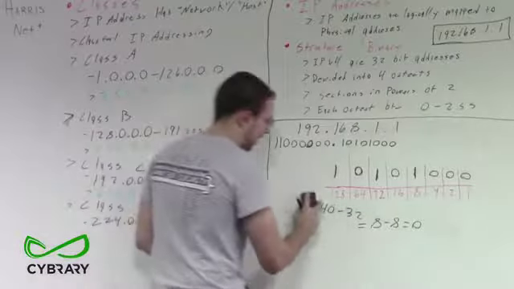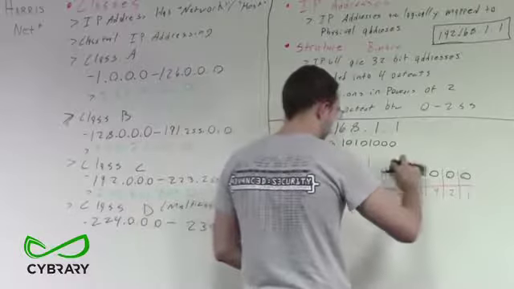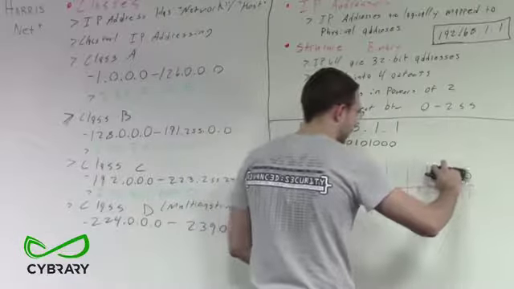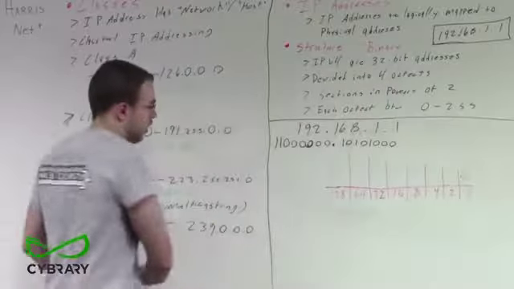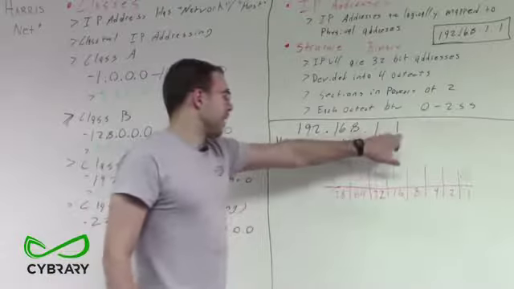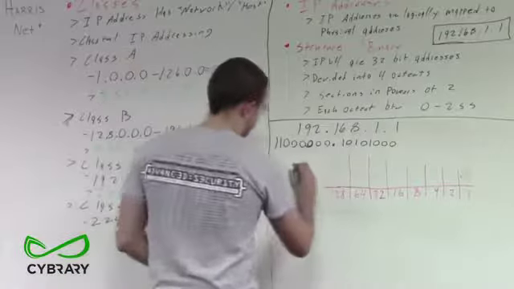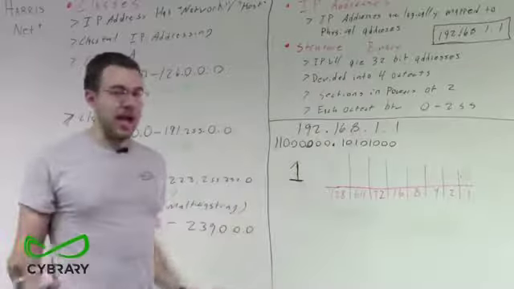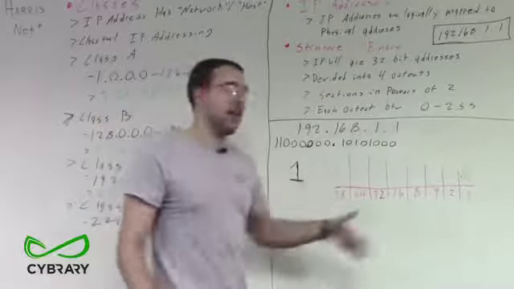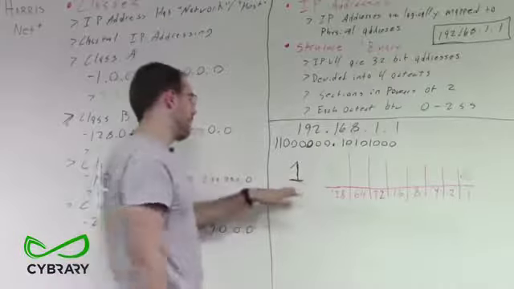Now our last two octets are fairly easy. We may even be able to do them without referencing our chart a lot, but we'll reference our chart for one of them, just for demonstration purposes. Our next two octets are ones. Just so we form a habit, we're going to start from left to right. Does 128 fit into 1?